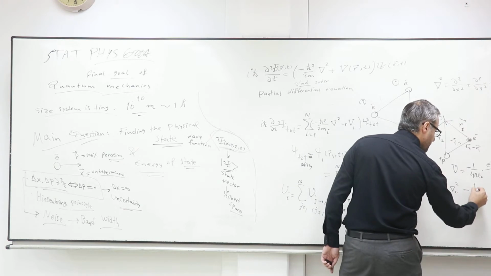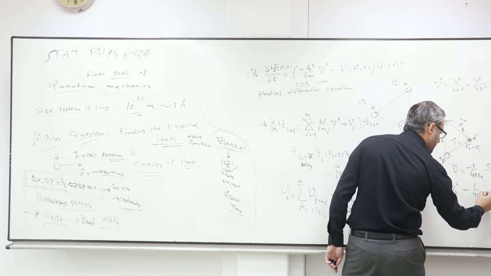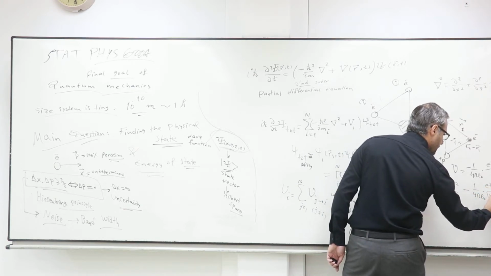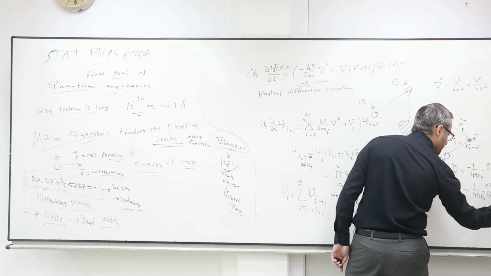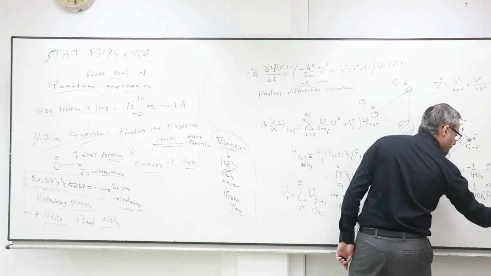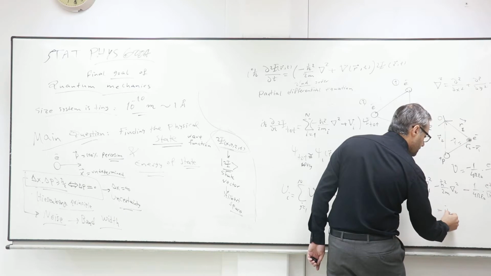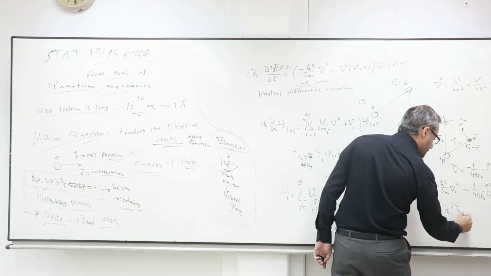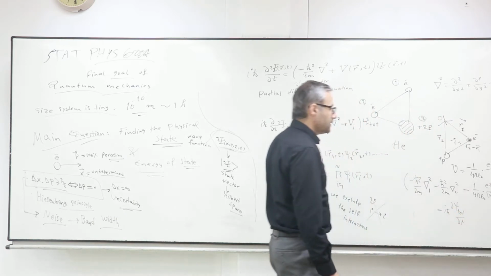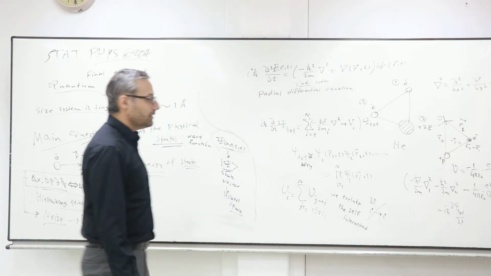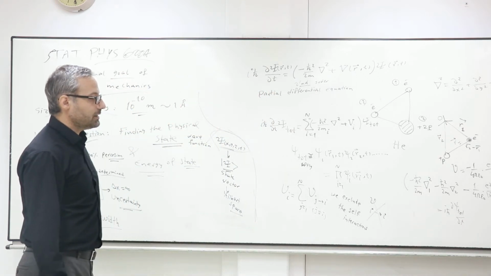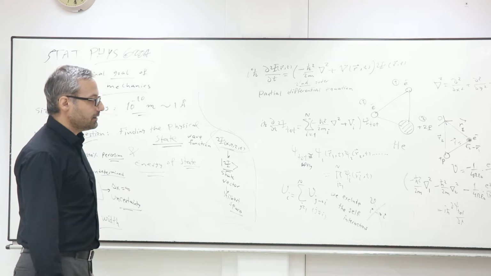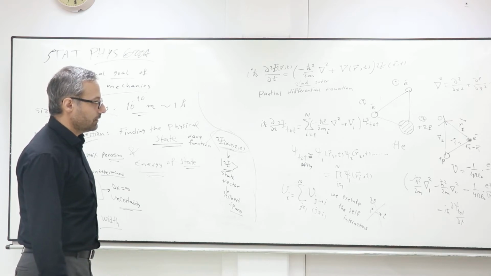Where is the potential? The potential is minus e squared over 4 pi epsilon, R2 minus R1. Psi total will satisfy i h-bar partial derivative of psi total with respect to t. So this equation you can solve, but not in this form. In this form it's not clear how to find the solution.